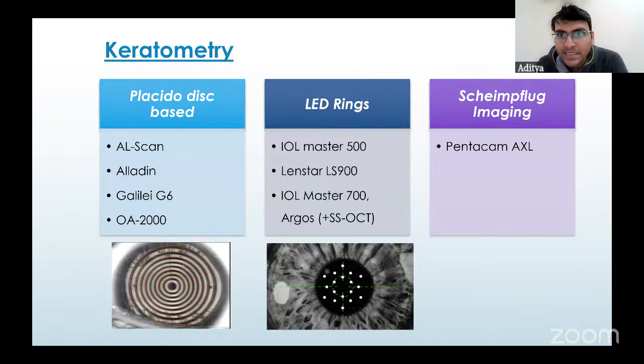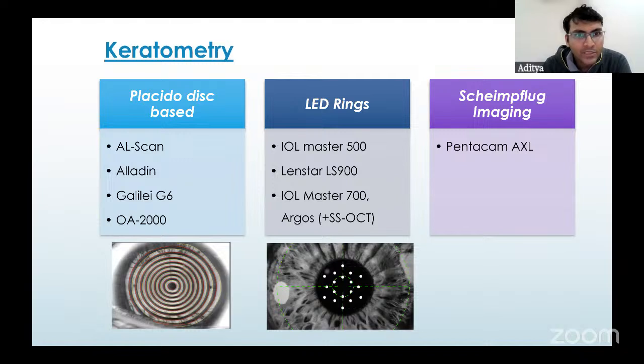On the other hand, these are provided by slit imaging, but the limit is that they lack precision because eye movement can result in motion artifacts.